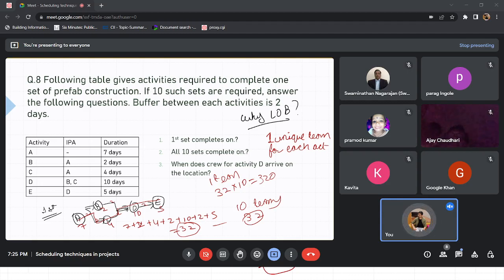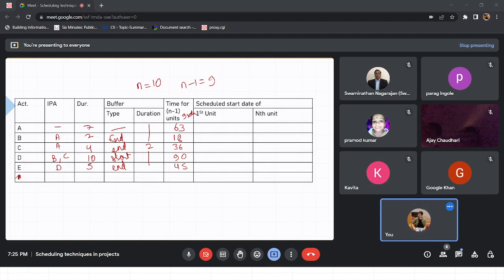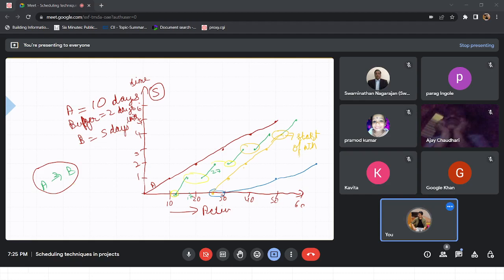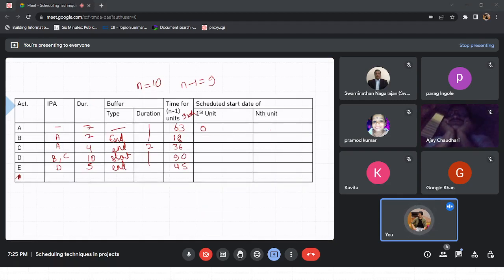So for further calculations, I'll be ignoring B for a while. For A, first unit can start on day 0. When can nth unit start? We saw from here that nth unit can start on n-1 into duration of activity A. So similarly, this can start on 0 plus 63 is equal to 63.